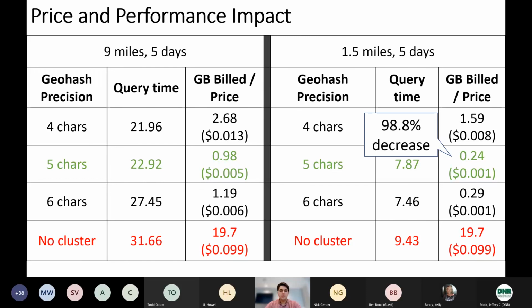And in our tests, we saw a 98.8% decrease in costs, going from about 10 cents to query, and this is already with daily partitioning, no cluster, down to 1/10 of a cent, so minute costs.